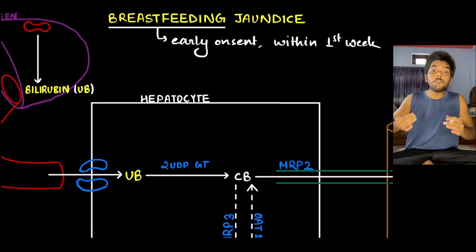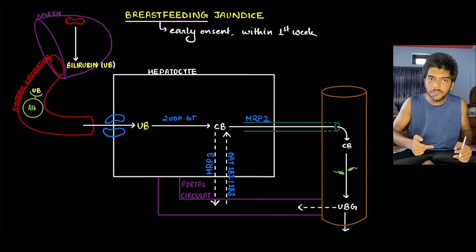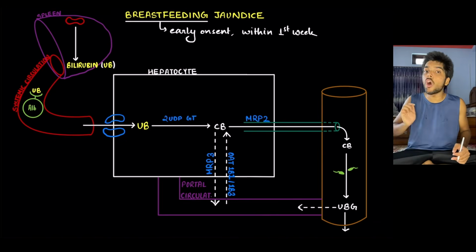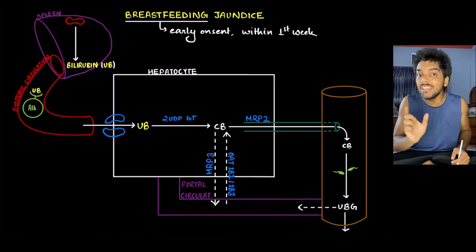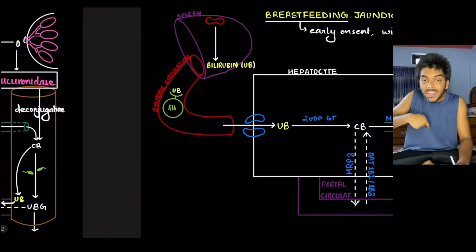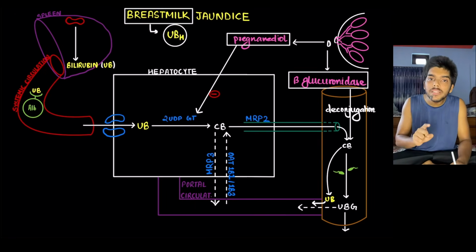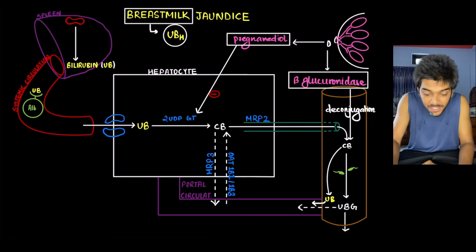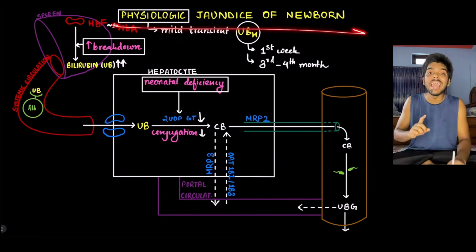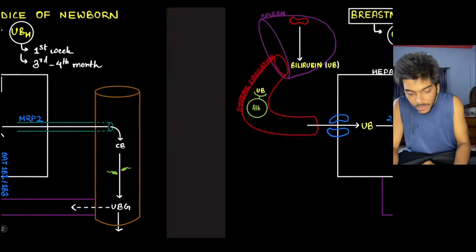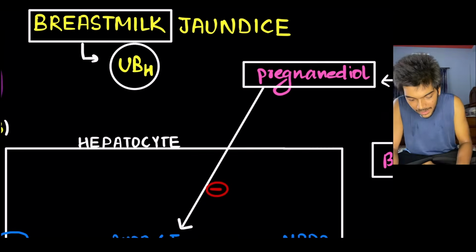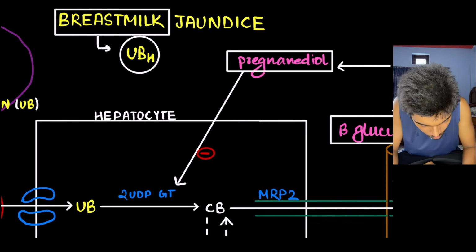So within the first week of the baby's development, if the baby is not fed breast milk, the jaundice is breastfeeding jaundice. But after the first week, if the baby is fed breast milk, there is a chance that breast milk can worsen, or exacerbate, the physiologic jaundice of newborn. So breast milk jaundice, on the other hand, has late onset.